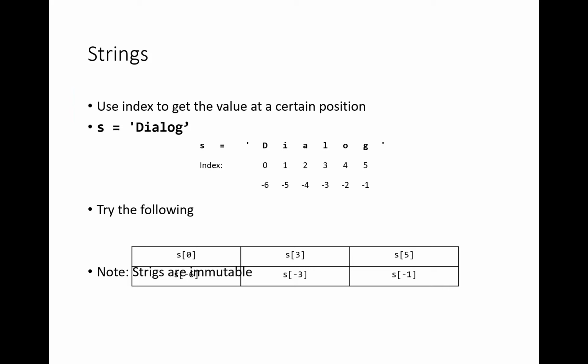So in a way, a string is nothing but a set of characters. In this figure, you can see dialog and then the indexes. Remember, indexing has two parts. This is called forward indexing. You start with 0, 1, 2, 3, 4, 5, and so on.